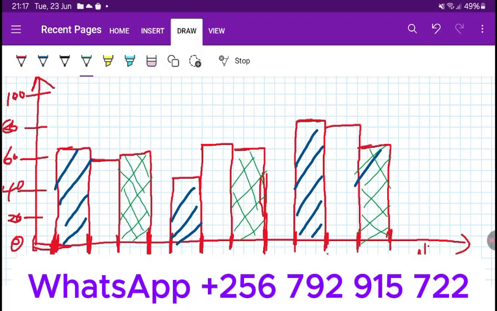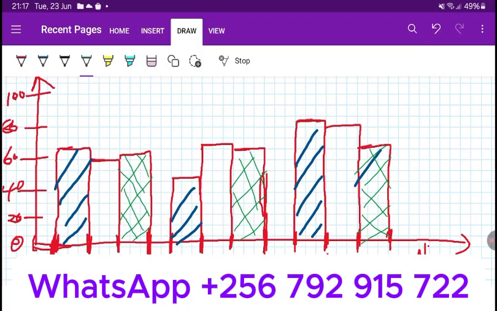the compound bar chart, and now I want us to get ourselves to something else.